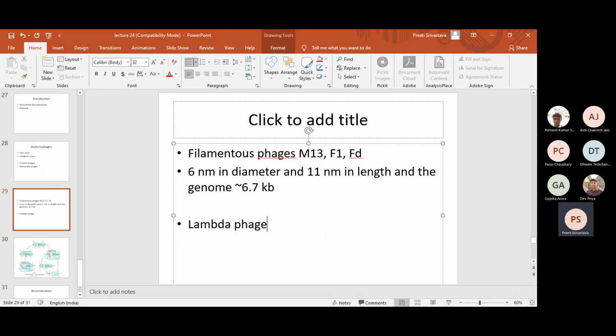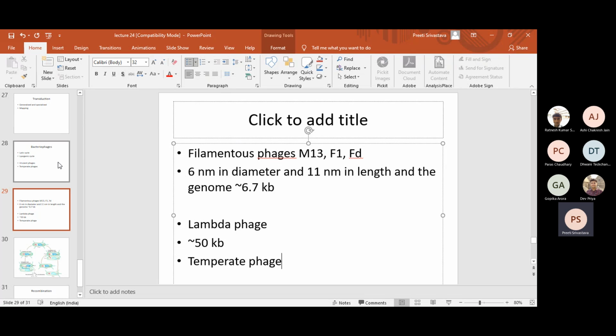Lambda phage has an icosahedral head and tail, and the genome size is approximately 50 kb. Lambda phage is actually called a temperate phage.